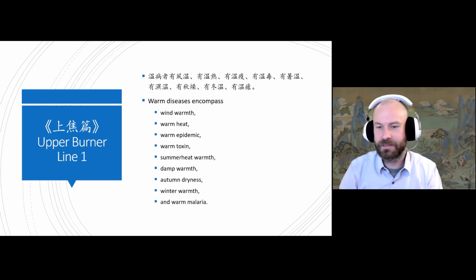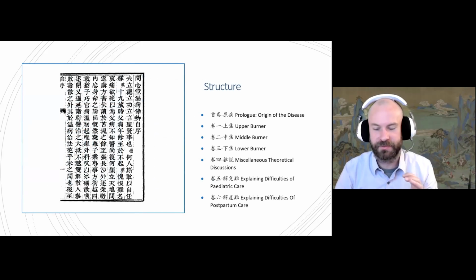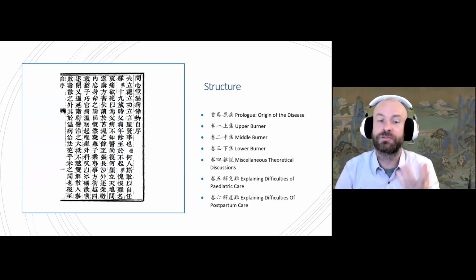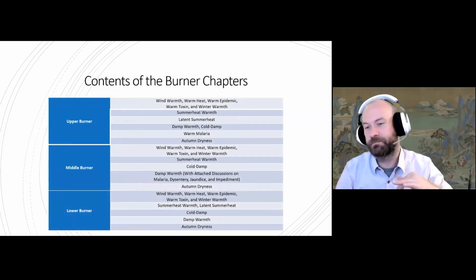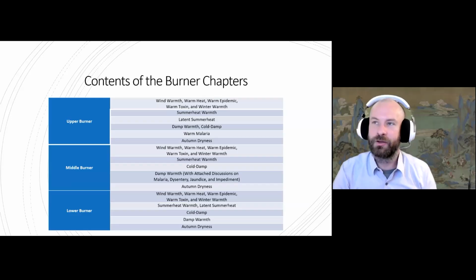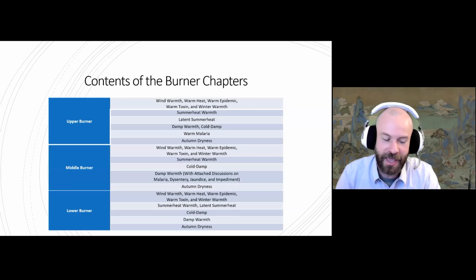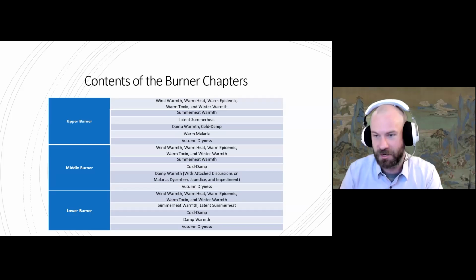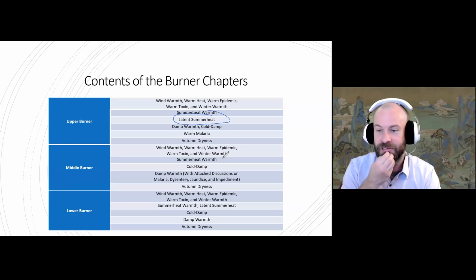Now, we looked back and saw how he structures the main chapters of the text, but each of them actually also has sub-chapters as well. So he breaks down the text like this, at least the burner chapters do, and he'll group the diseases together as well. What's interesting here, and I actually haven't seen anyone in Chinese write about this yet, is that he seems to include a new disease, latent summer heat, okay? That wasn't included in those 9 diseases.